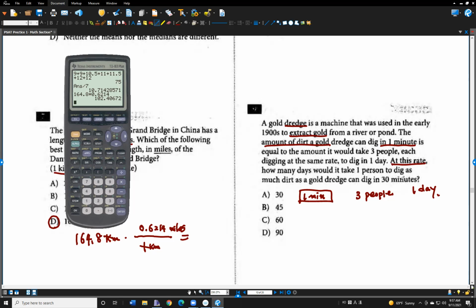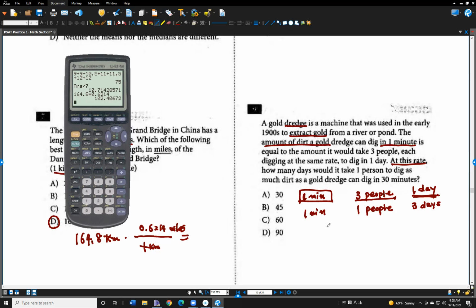Three people take 1 day, so 1 person takes 3 days, three times longer. This is still for 1 minute.